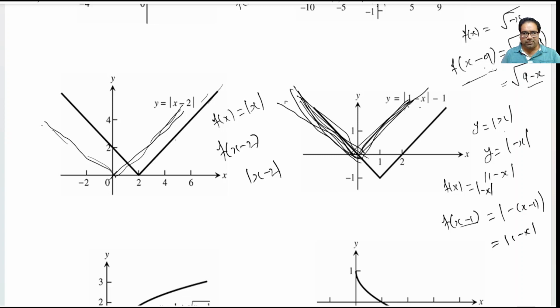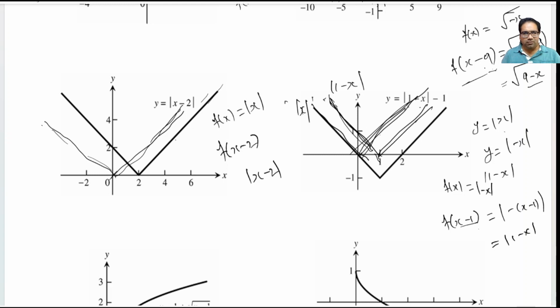So mod of 1 minus x will be this graph shifted 1 unit towards the right side. So if this is mod x, then this is mod 1 minus x, shifting 1 unit towards the right side.